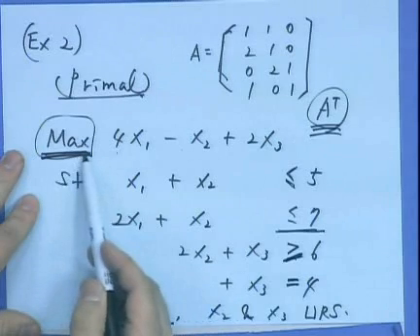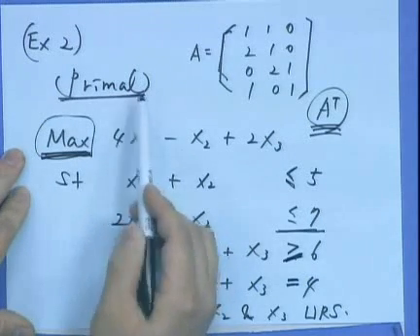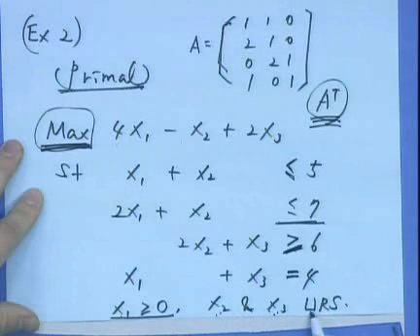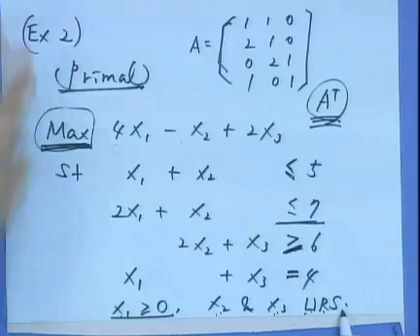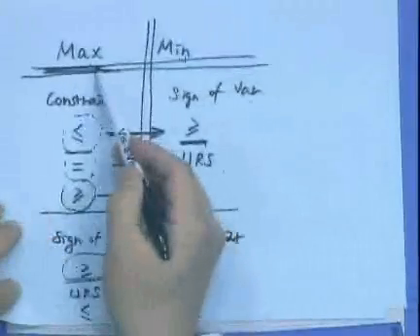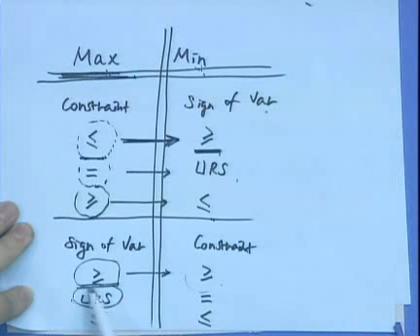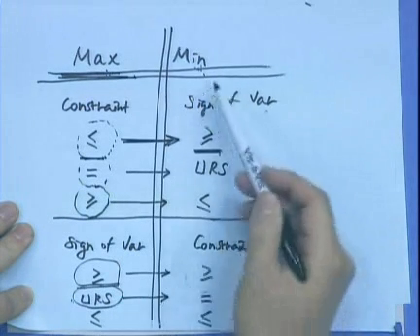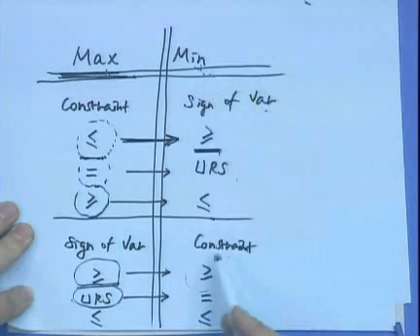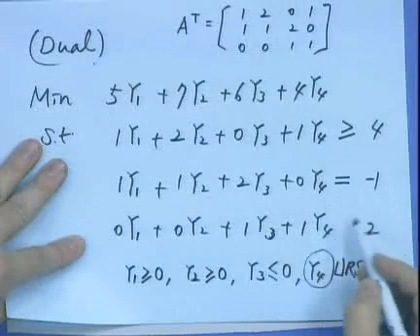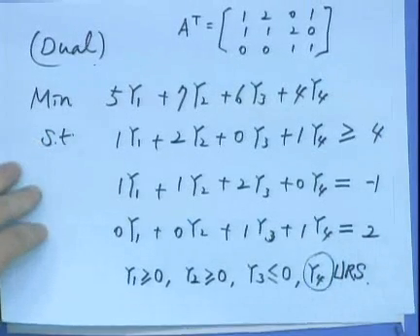Okay? In the primal problem, the second and third variables are unrestricted in sign, which means in the minimization problem the second and third constraints should be equalities. Okay? So we have equal signs in here.